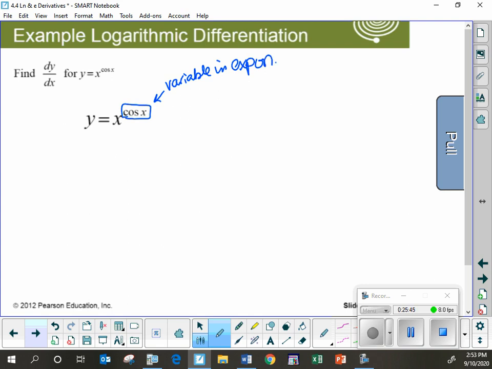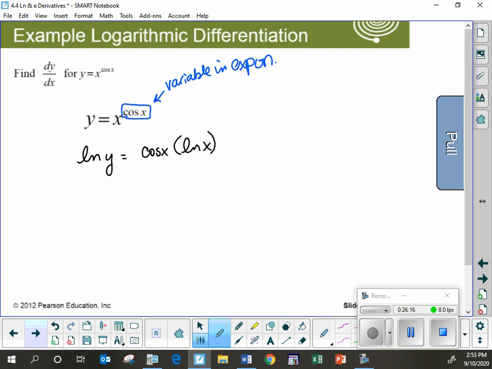Well, when we solve equations, remember how we started the day, we introduced a log to both sides so we could get that x to come down? That's the way we're going to start here. So I'm going to introduce a natural log to both sides, and that will allow cosine x to swing down into the normal level of the equation.